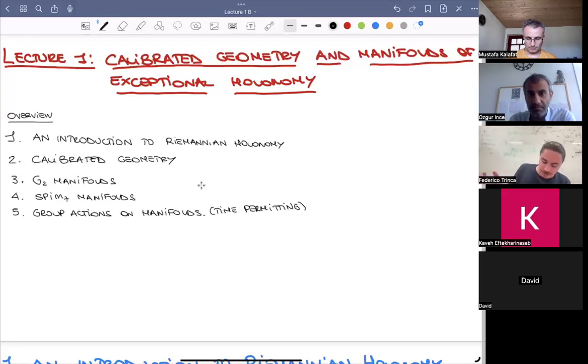I'm going to first introduce what a Riemannian holonomy is, then talk a little bit about calibrated geometry, and finally the 2 exceptional holonomy groups, G2 and Spin(7). If time permits, I will go over some group actions and manifolds at the end of this lecture.